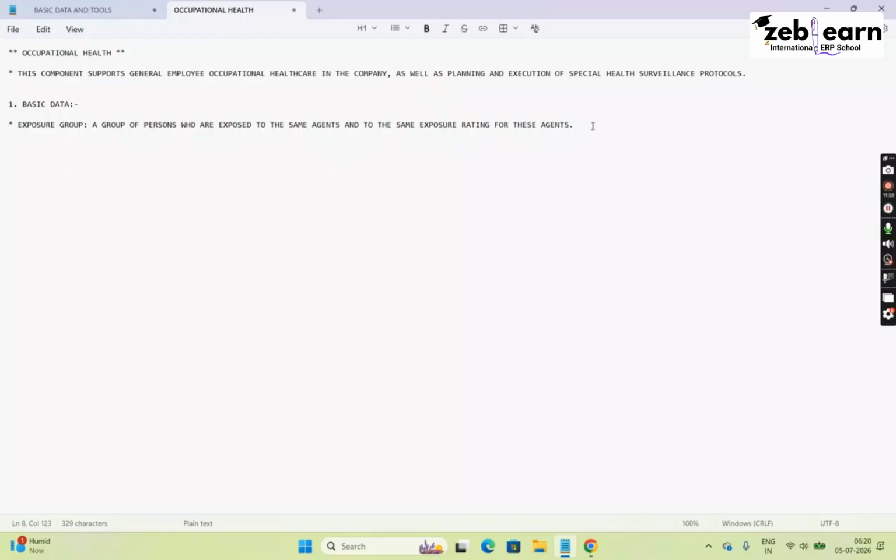So definitely it is going to affect everybody. It's not that one person will feel cold out of 15. Can that happen? No, never, because they are exposed to that same agent. The agent here is temperature. So everybody will be affected equally, and that group of employees is called an exposure group.